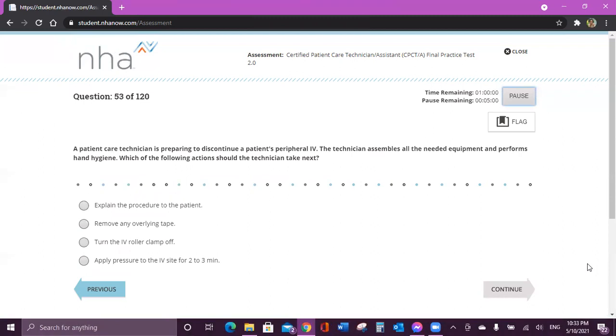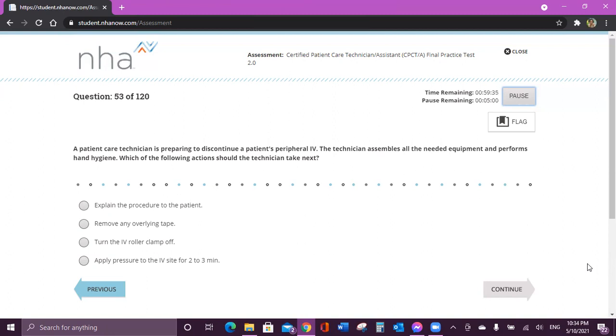A patient care technician is preparing to discontinue a patient's peripheral IV. The technician assembles the needed equipment and performs hand hygiene. Which of the following actions should the technician take next?